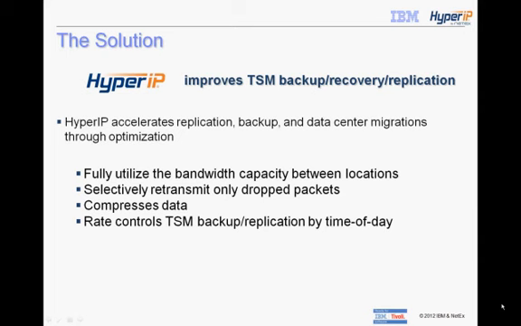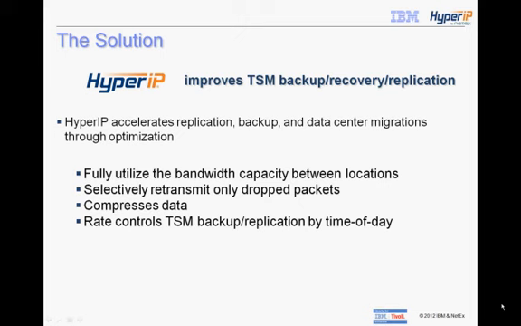HyperIP improves backup, recovery, and replication apps. Where TSM is concerned, it allows you to basically utilize the entire capacity between your locations, whether it's remote offices or data center to data center. We only retransmit traffic that didn't make it, not entire blocks, not entire jobs.